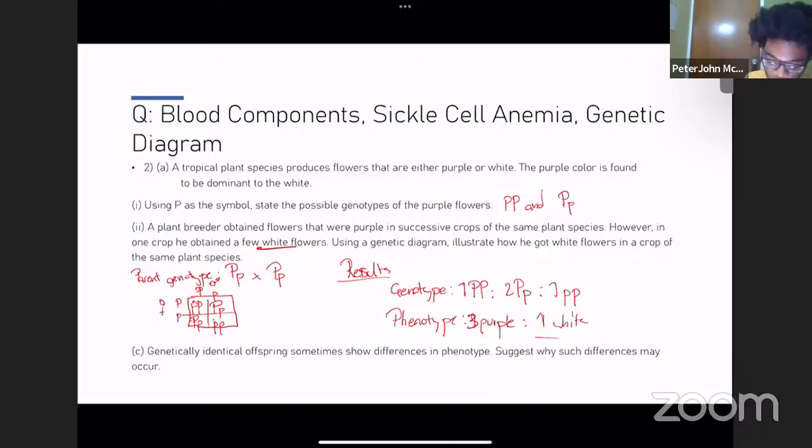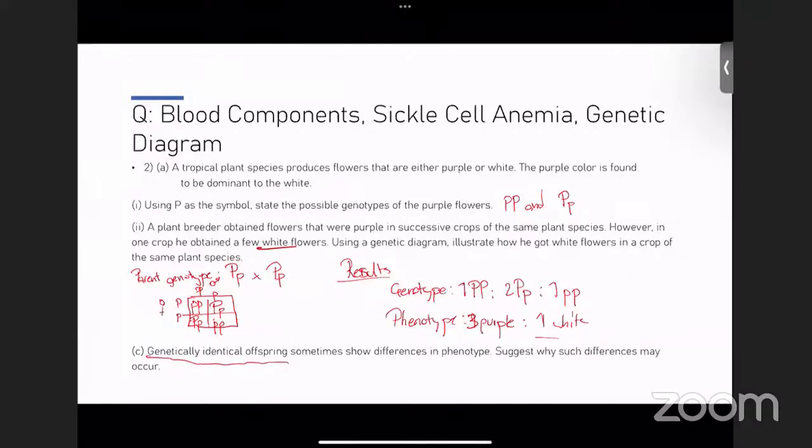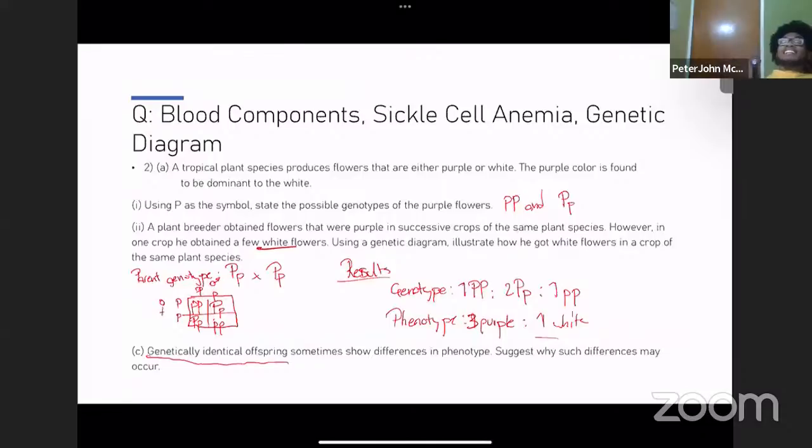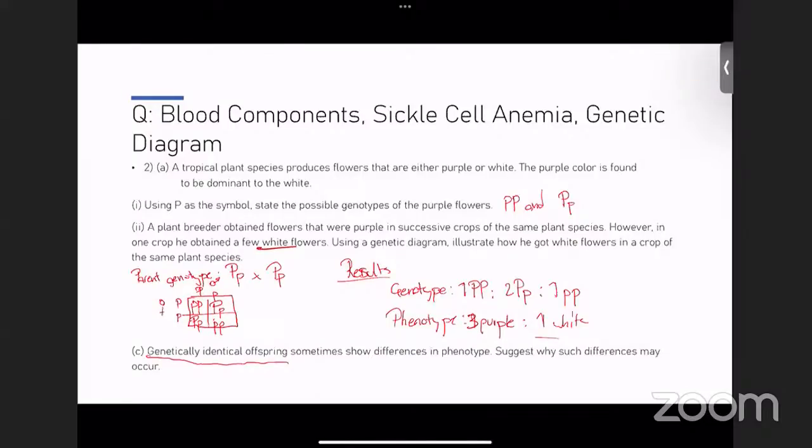Suggest why such differences may occur. That's our question, by the way. Genetically identical, note that. Sir, because of variation. Do you mean crossing over in meiosis?